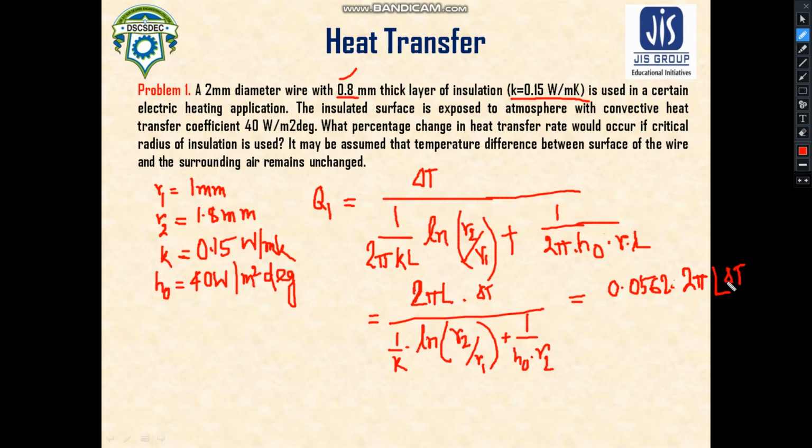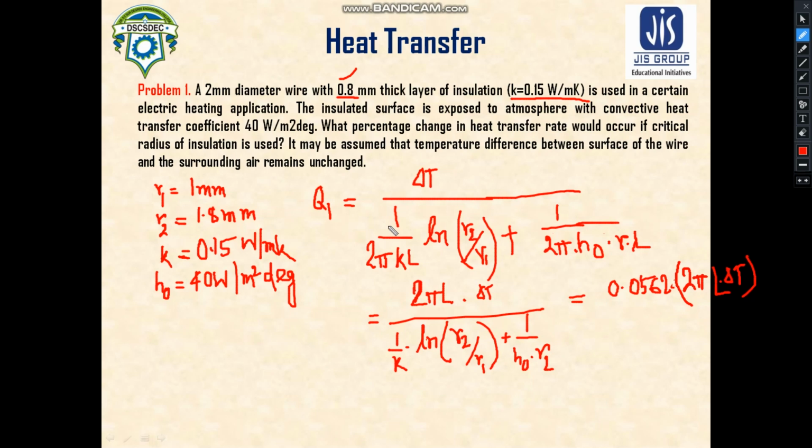So this term would remain the same in both the cases. Since there is no information about the length of the cylinder or the temperature changes, we would consider this delta T as fixed in both the cases, because we have to compare the cases.